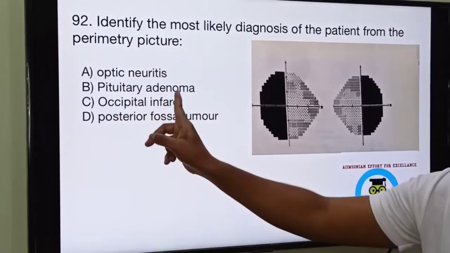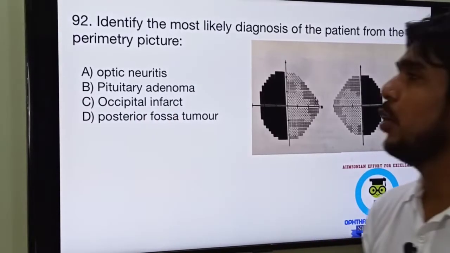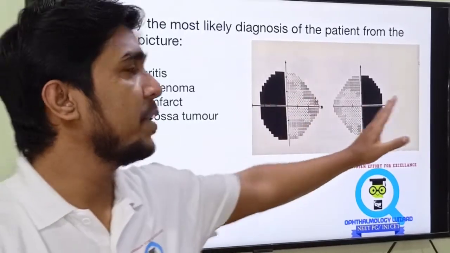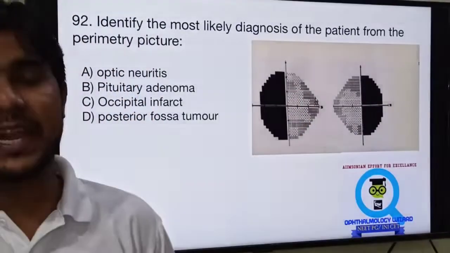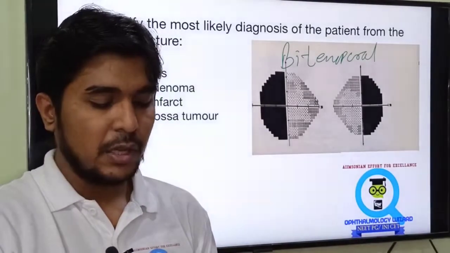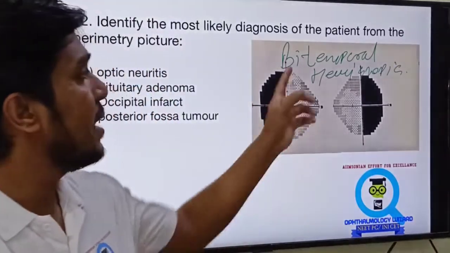Optic neuritis, pituitary adenoma, occipital infarct, posterior fossa tumor. Where is the lesion? Can you see this? This is nothing but the temporal half, so it is a bitemporal hemianopia.